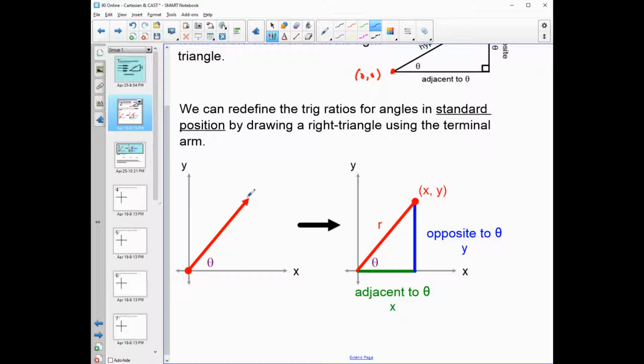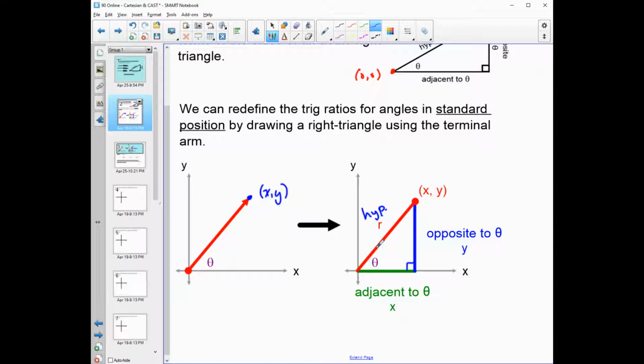But that means that I can also describe this point as some other point x, y, and if I draw my right-angled triangle using that point x, y, drawing a vertical line and a horizontal line, I end up with the idea of opposite, adjacent, and hypotenuse.